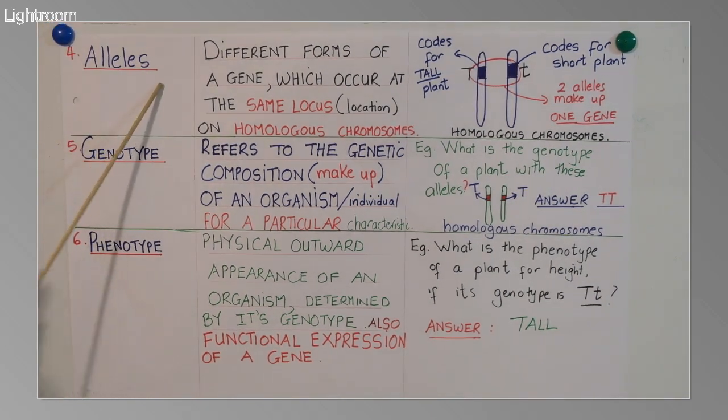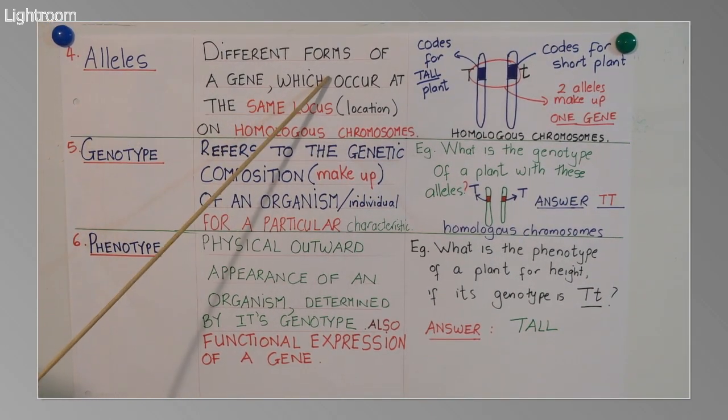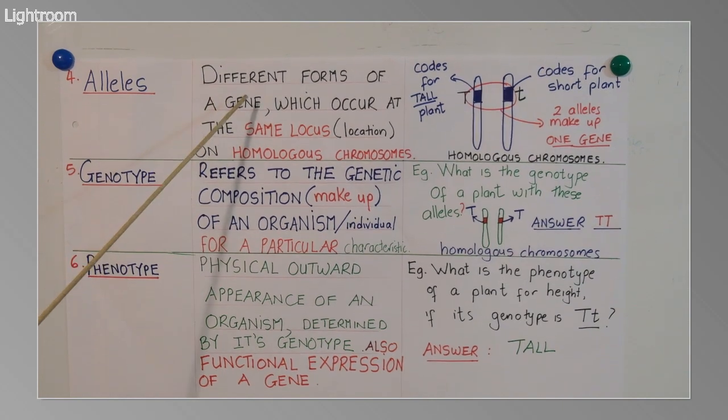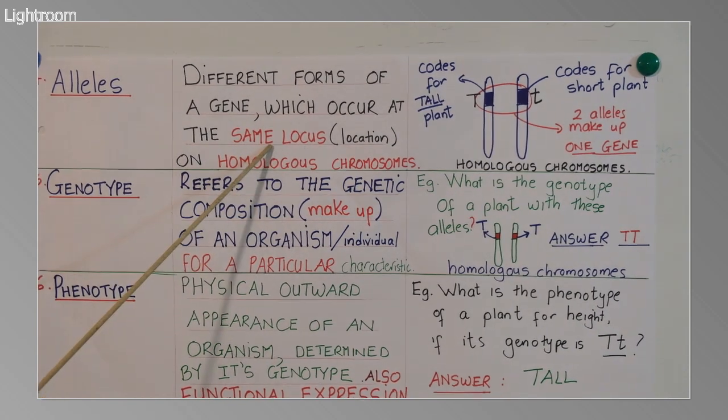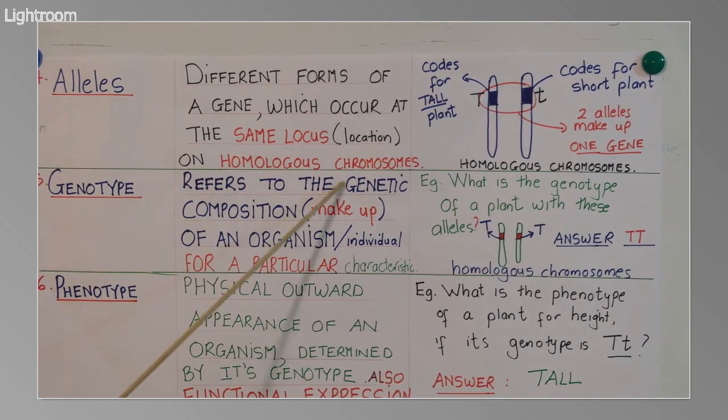What is an allele? Alleles are different forms of a gene or alternate forms of a gene which occur at the same position, called locus, on homologous chromosomes.